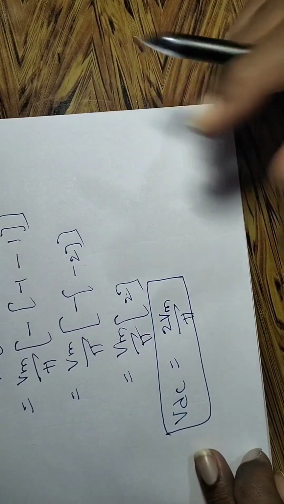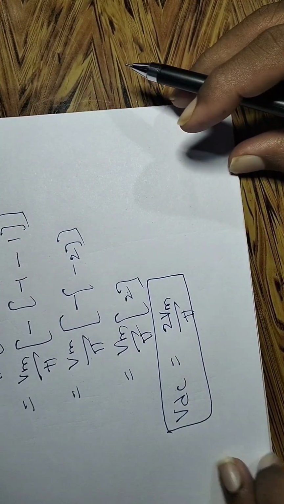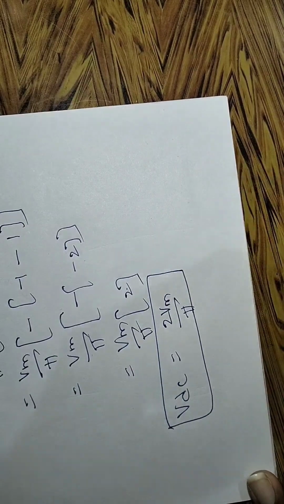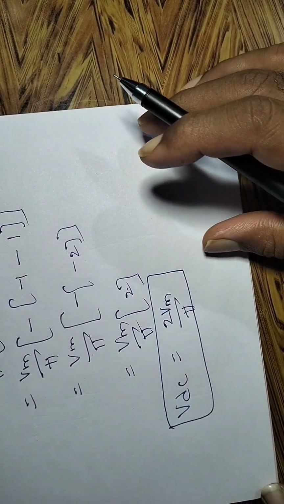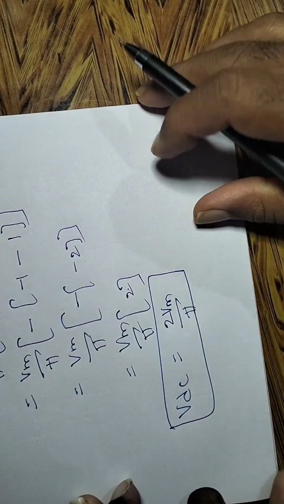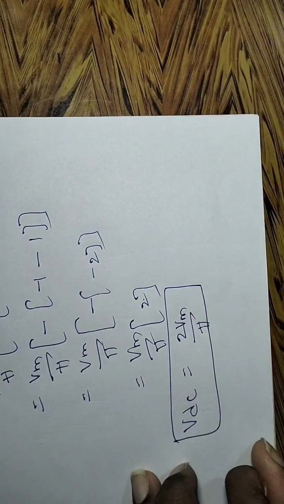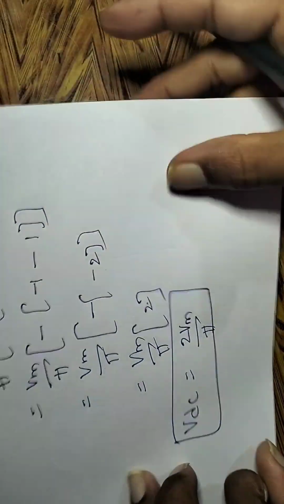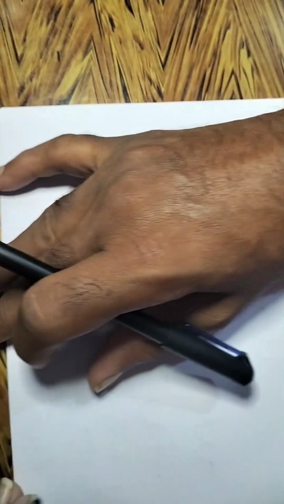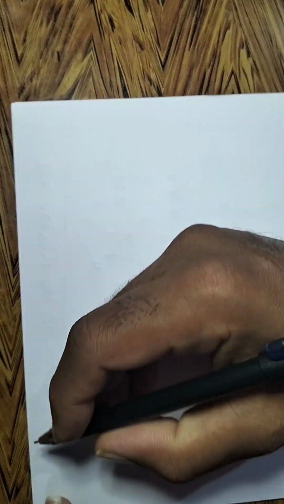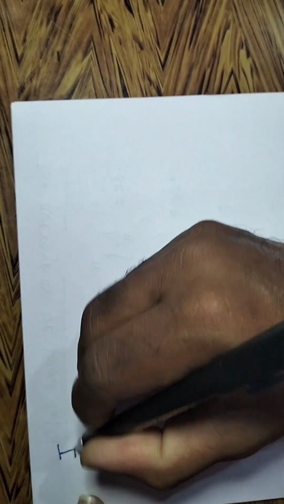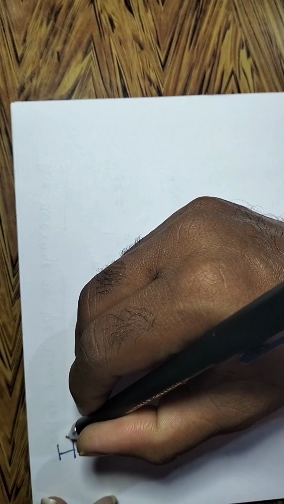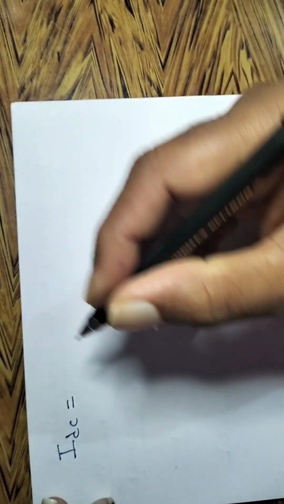With the help of these two values we have to calculate the current IRMS value as well as the IDC value. I hope you understand this derivation part. So let's calculate IDC, that is the DC load current.